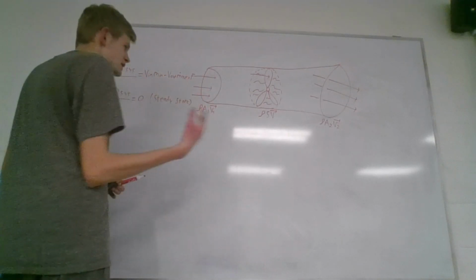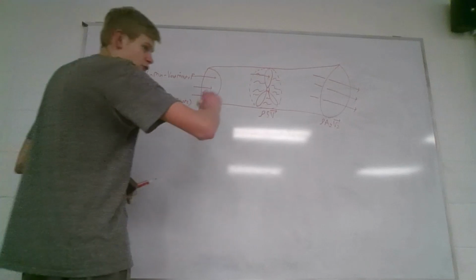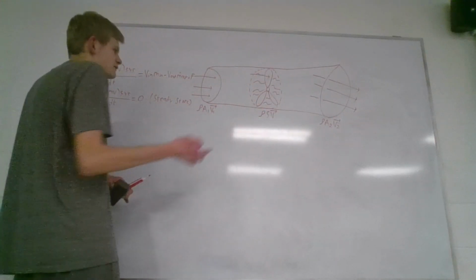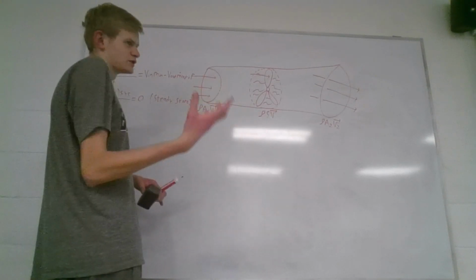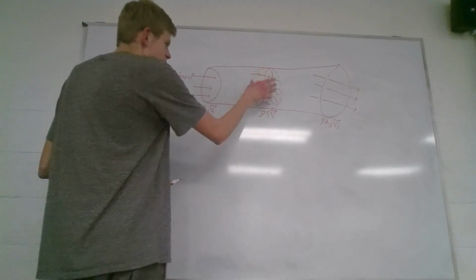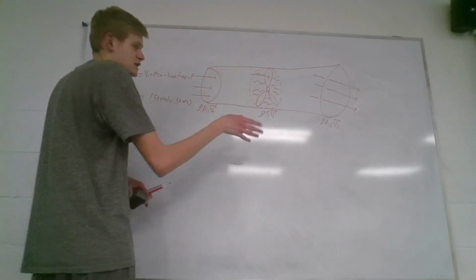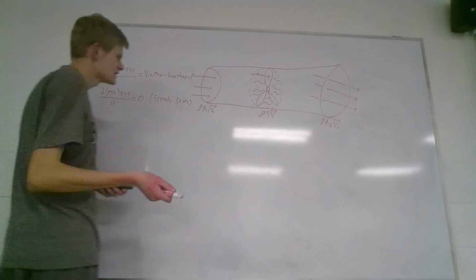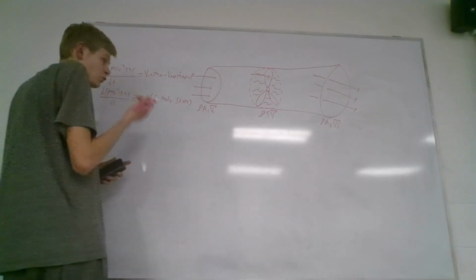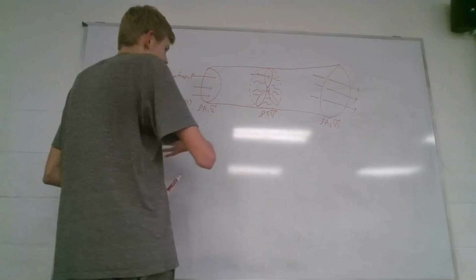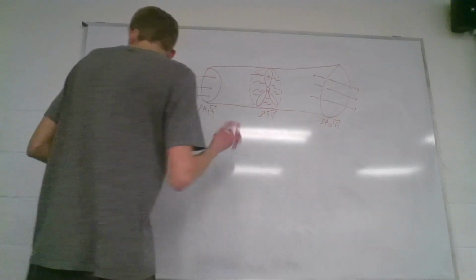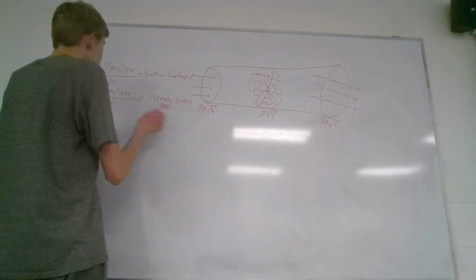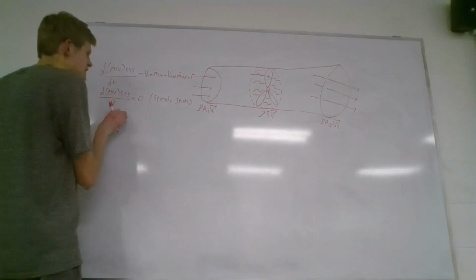Whatever is going in is going to be coming out, because we would have a very big issue if, for example, this is a wind turbine and air was getting caught here. It wouldn't make sense for our system to not be in steady state, because then we wouldn't have all of our air come out through the other side. So what else can we say from the momentum balance being in steady state?